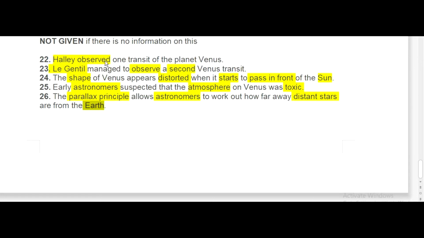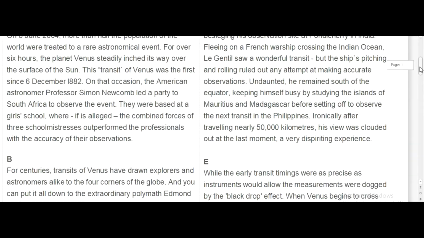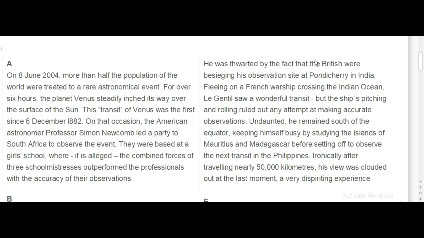Now I am looking for Halley, observed and Legentil. Alright, let's start scanning. I'm looking for Halley. Nothing here.